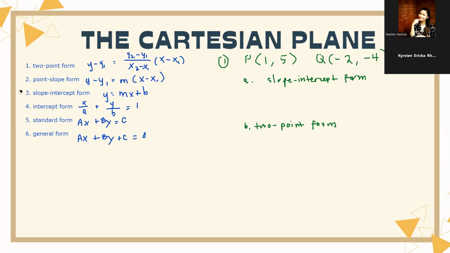So since you still remember, for number 2, what is the equation of a line with slope -3 and y-intercept 5? Write your answer in slope-intercept form. Okay? When you're ready.